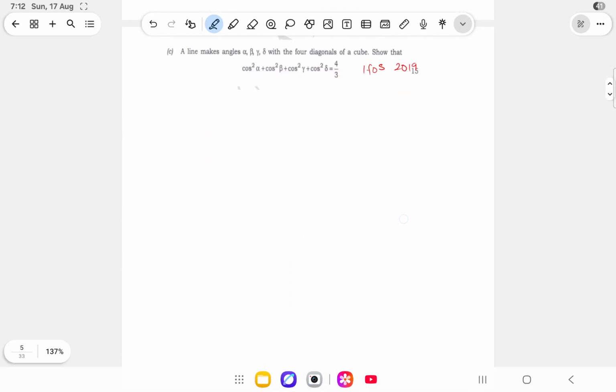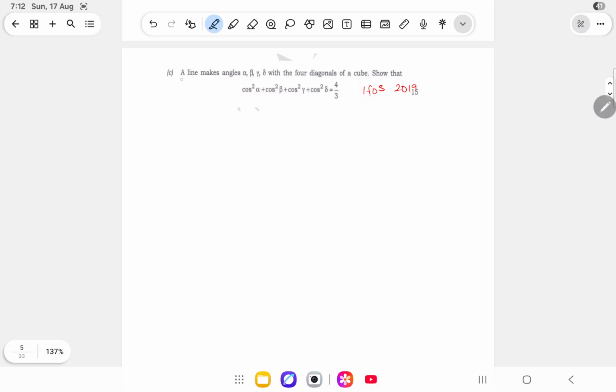So now let's move on to question number 3. Question number 3 says that a line makes angles alpha, beta, gamma and delta with the 4 diagonals of a cube. Show that cos square alpha plus cos square beta plus cos square gamma plus cos square delta is equal to 4/3.